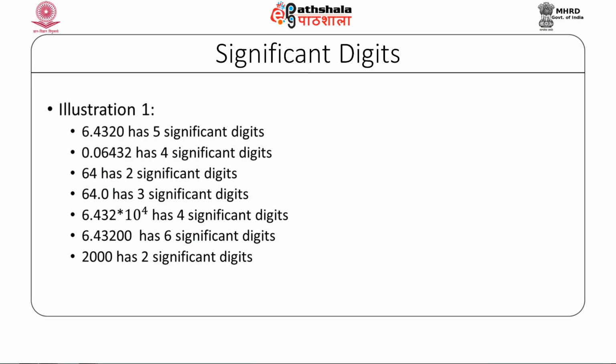Let us take one illustration. Suppose 6.4320. Here all the 5 digits are significant because 0 occurs after a non-zero digit after the decimal sign.